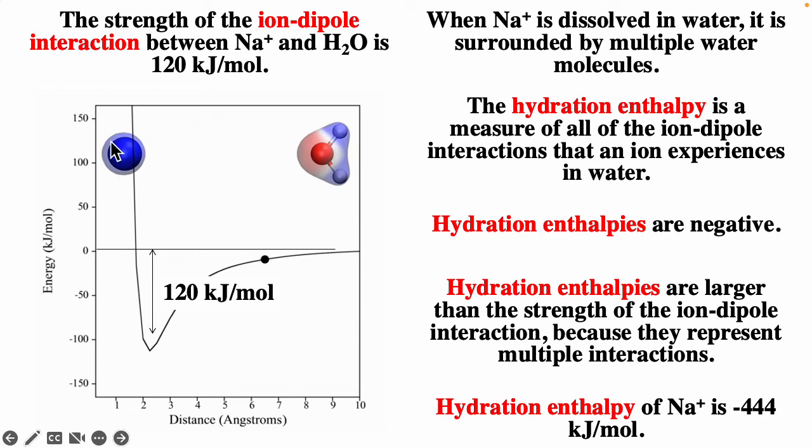That's for one ion and one polar molecule, one water molecule. The hydration enthalpy is a measure of all the ion-dipole interactions, and so it's going to be different. The hydration enthalpy of sodium is minus 444 kilojoules per mole, versus 120 kilojoules per mole for one interaction between one ion and one dipole.